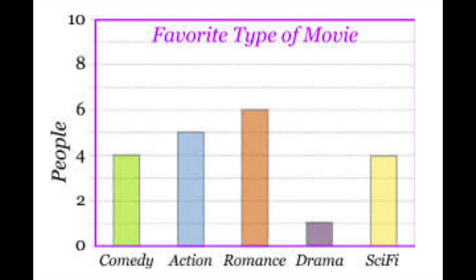Let's do a trickier one, you ready? How many people like action the best? Well, this one is on a line that is between the 4 and the 6. You're all smart kids and you know what number is between a 4 and a 6. So how many people choose action? That's right, 5 people.